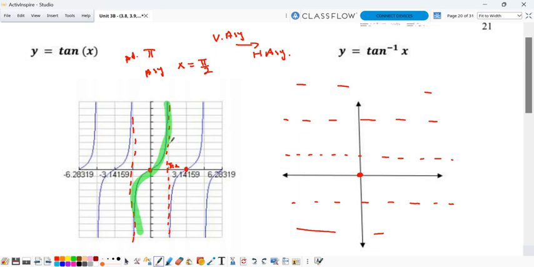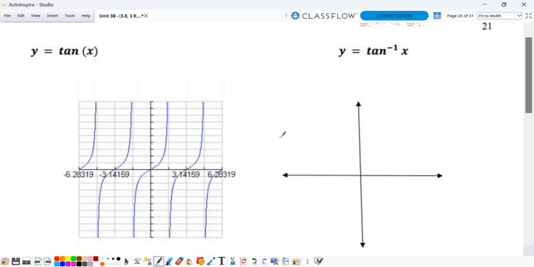We don't want all positive or all negative pieces. Tangent inverse graph is very important because we use it so much in calculus as well.